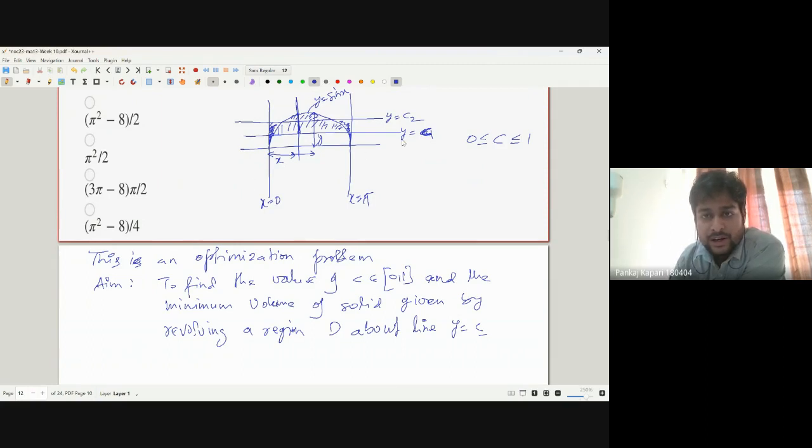But you want to find just this distance, because this will give you the area of the disk. This is your disk, and this is the line which is y equal to constant. So this will be your radius.